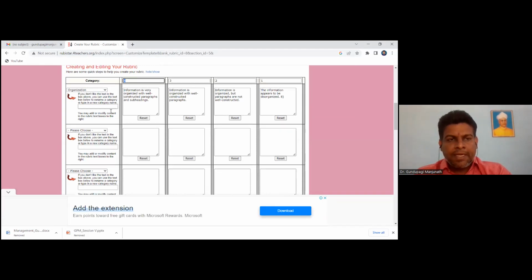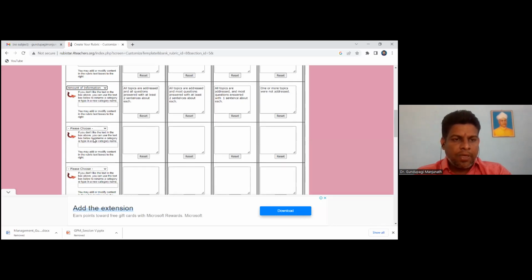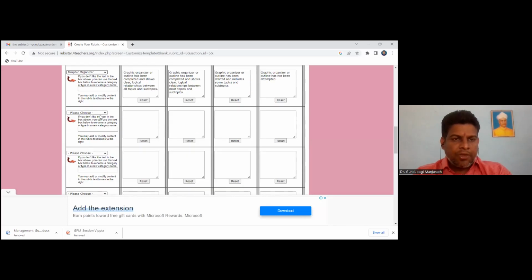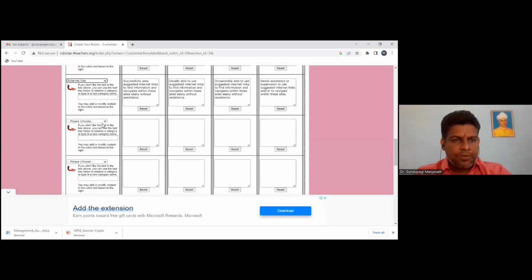So whatever criteria you want to have, directly amount of information. Okay, sources. I have selected another criteria. Graphic organizer. So you can select as many criteria as you like. Internet use. Notes.